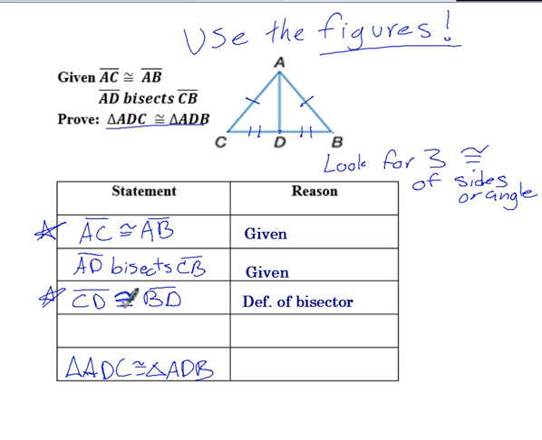Right now we have side, side, side, or side, angle, side. Can't say anything about any of these angles. Don't really know anything about that just yet. But I can say that this is a shared side. So I can say AD is congruent to AD due to the reflexive property.